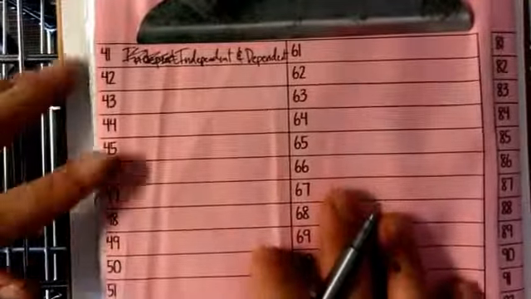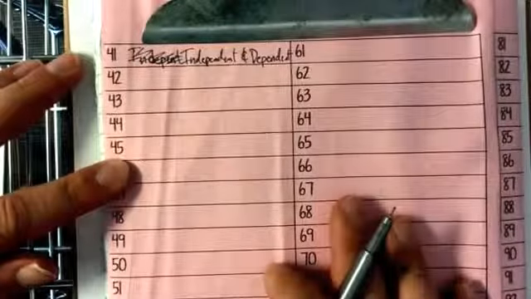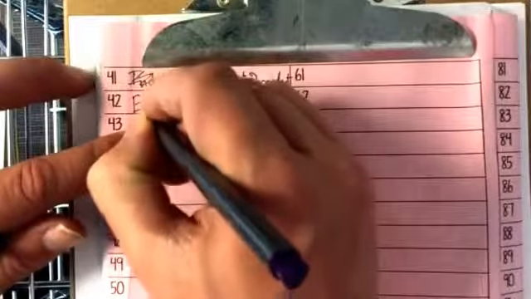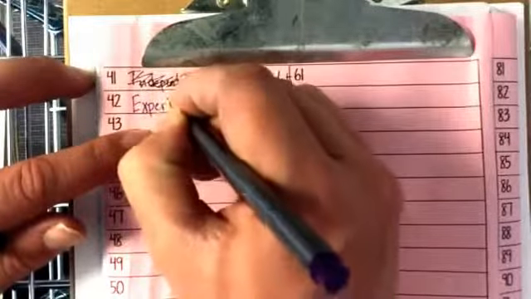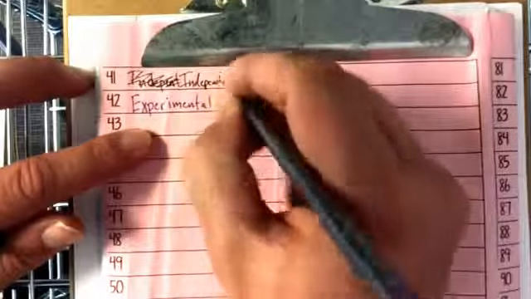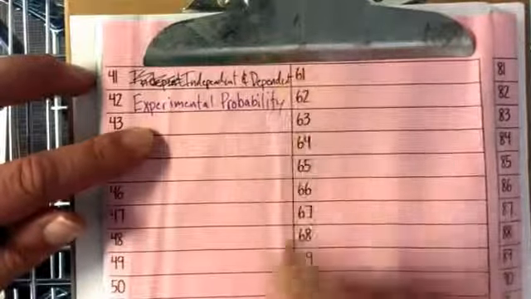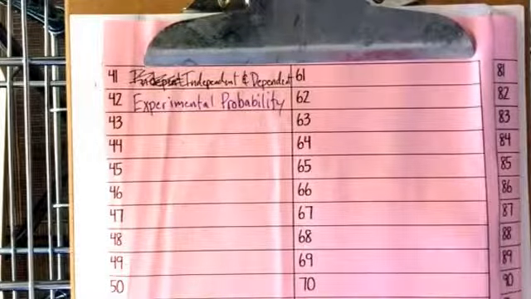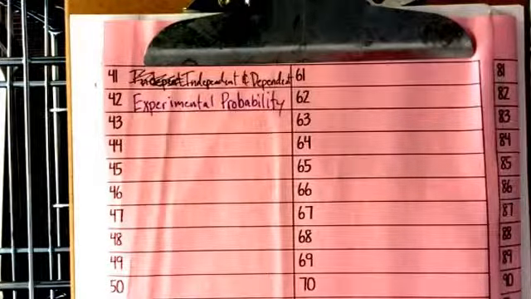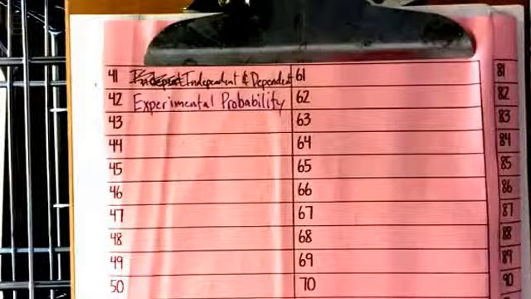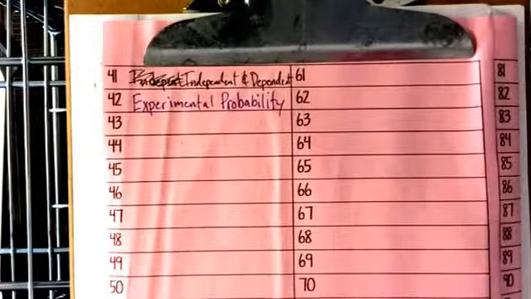So today we're going to talk about experimental probability on page 42. Once we've got that written down, flip on over to page 36 for our objectives.